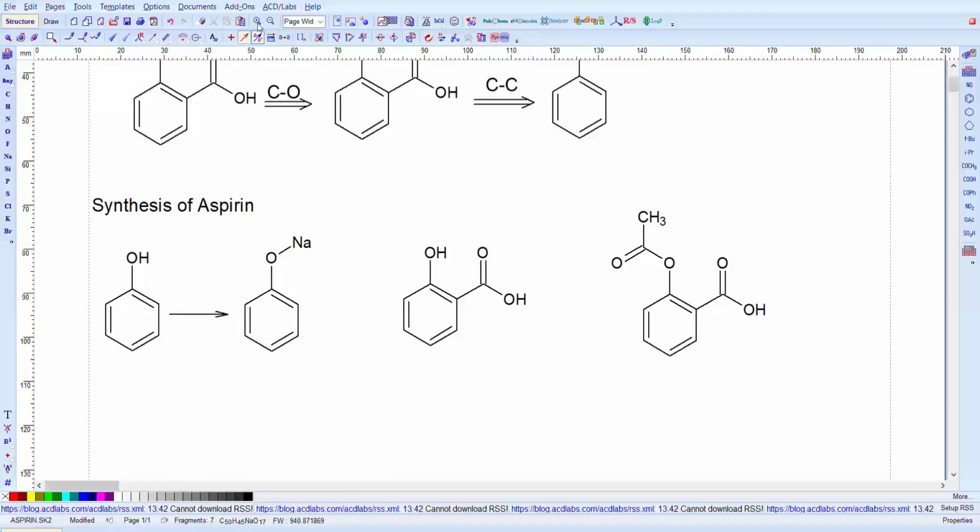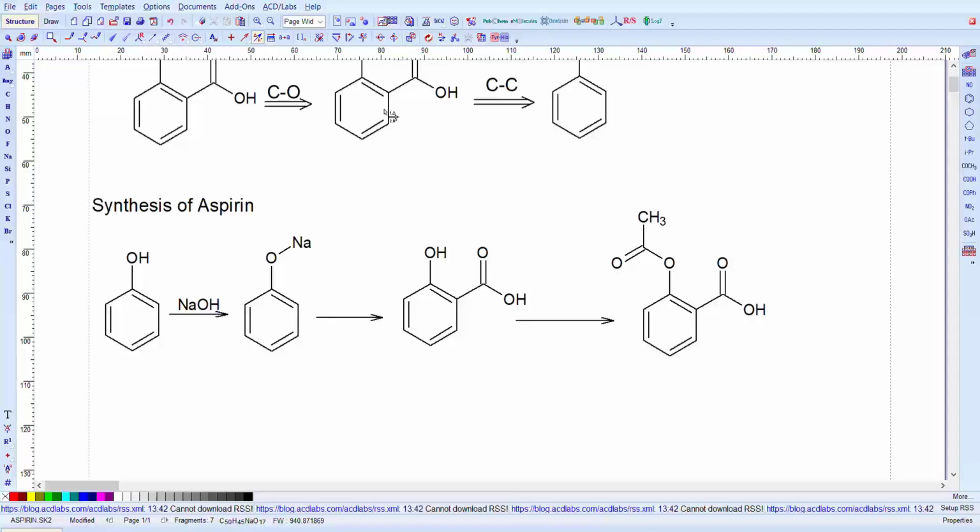So I would like to use this. First I want to make this whole arrow to avoid such a problem. Then put the information here. I would like to put NaOH here, because it makes a sodium phenoxide ion.